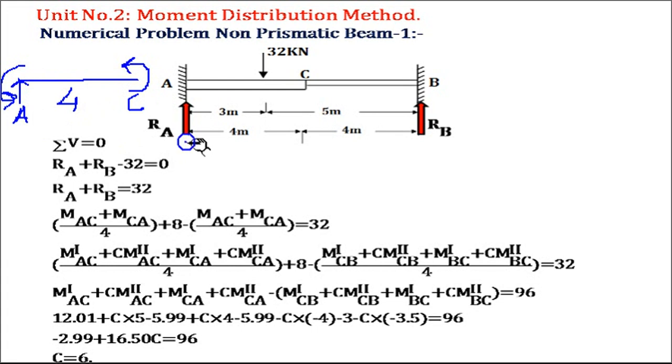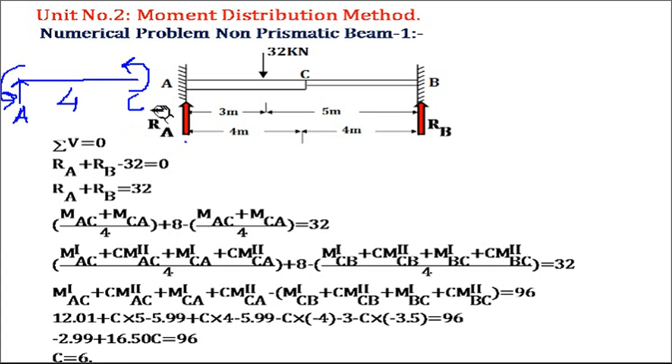Now to find out this value of RA, I will consider the summation of moment at C equal to 0. So MAC, as it is acting in anti-clockwise direction, we are considering it as plus. So MAC plus MCA, and this is also acting in anti-clockwise direction, so RA into 4.